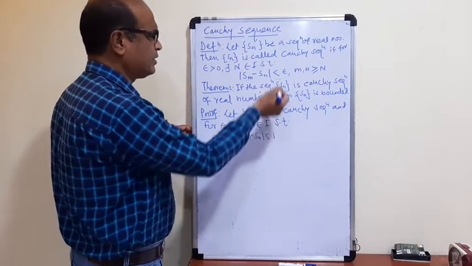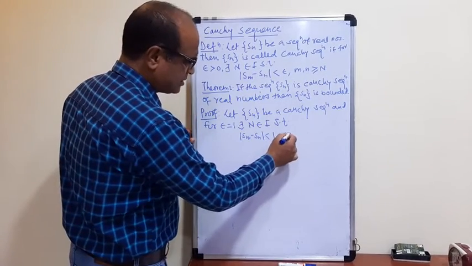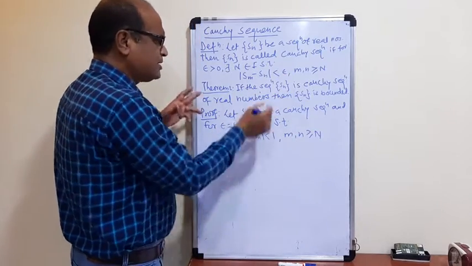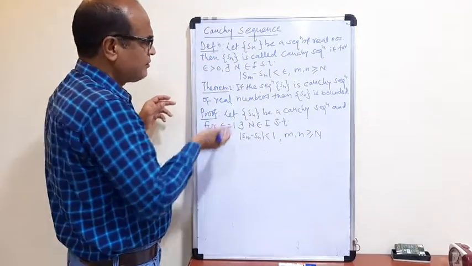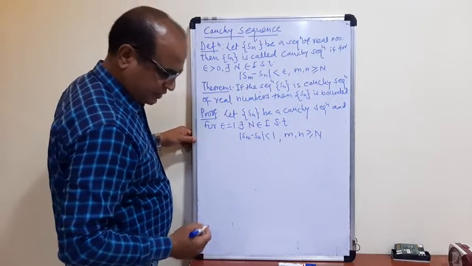We take epsilon equal to 1 here, where m, n are greater than or equal to N. Very simple. This is equation number 1.